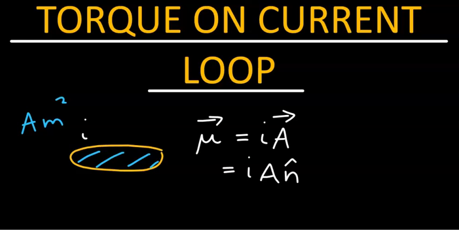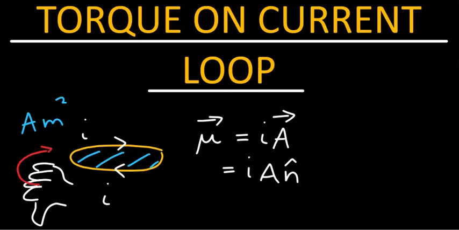So if I have the direction of current in this way, and I pretend to grab this loop, then the curl of my right-hand fingers represents the current, and this is the direction of magnetic moment. So in this case, the magnetic moment is going downward like that. The area vector is also going in that direction.